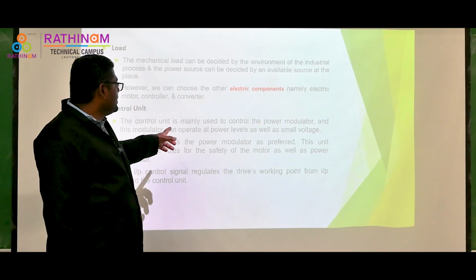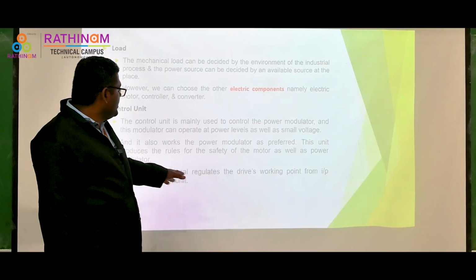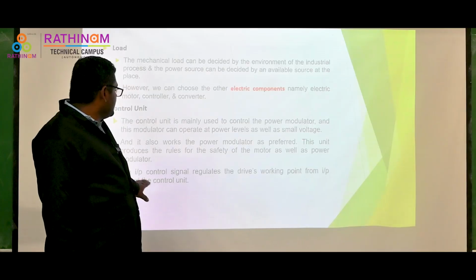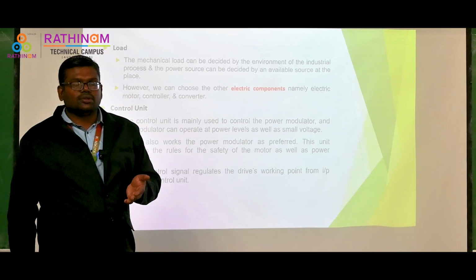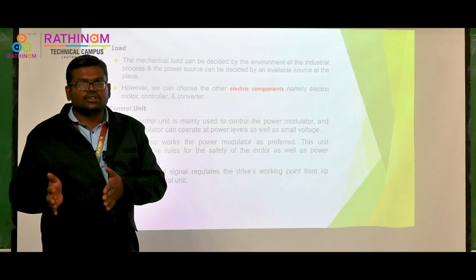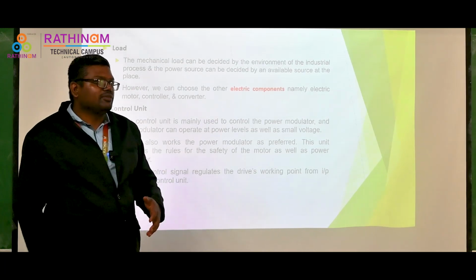So the control unit is mainly used to control the power of the power modulator. We can program the control unit so that based upon our use, the input and the output can be varied.